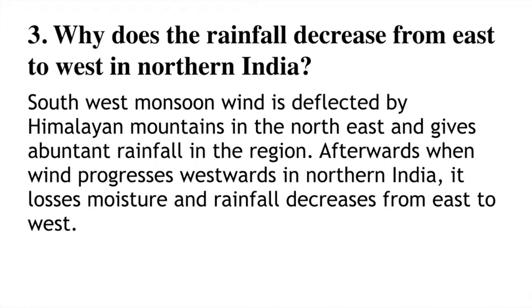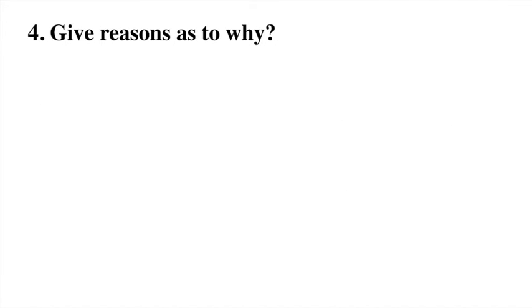When this wind moves from east to west, the moisture carried by this wind slowly decreases. So the rainfall also decreases from east to west. So that is the reason why rainfall decreases from east to west in northern India.